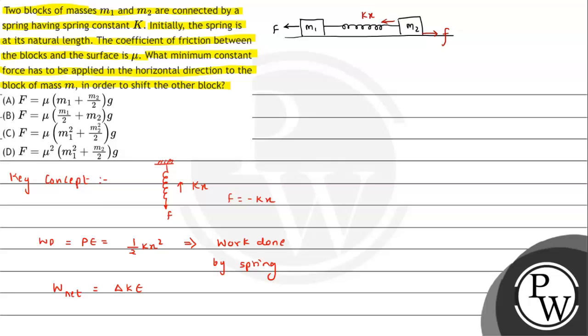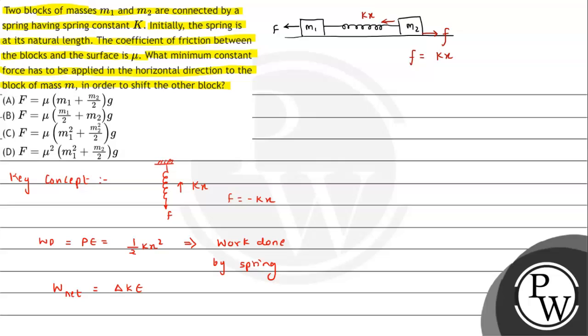So for minimum case, यानी कि just it is about to start the position, वो case के लिए we must say कि f should be at least equal to kx, although we know कि kx को greater होना पड़ेगा f से so that m2 can start sliding, but minimum condition में ये होगा कि kx की value को F जितना तो होना ही पड़ेगा ताकि motion start हो सके, ठीक है?